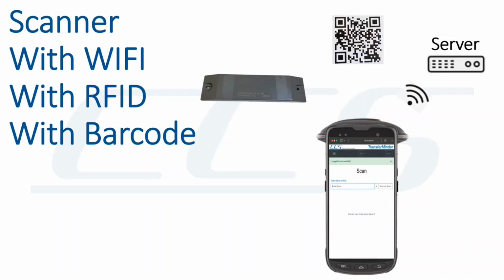With these 4 things, we can accomplish what we need to. TransferMinder is a web app that is served up from the server, so using it means just pointing the web browser to the server like you would for any website.